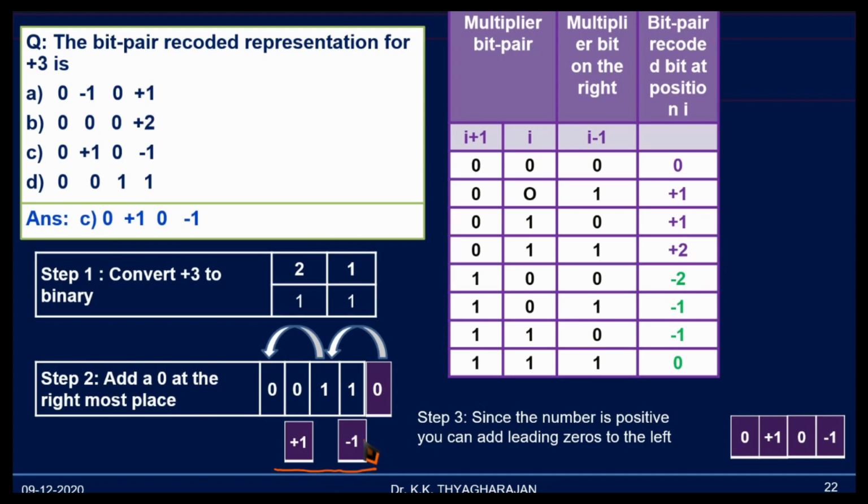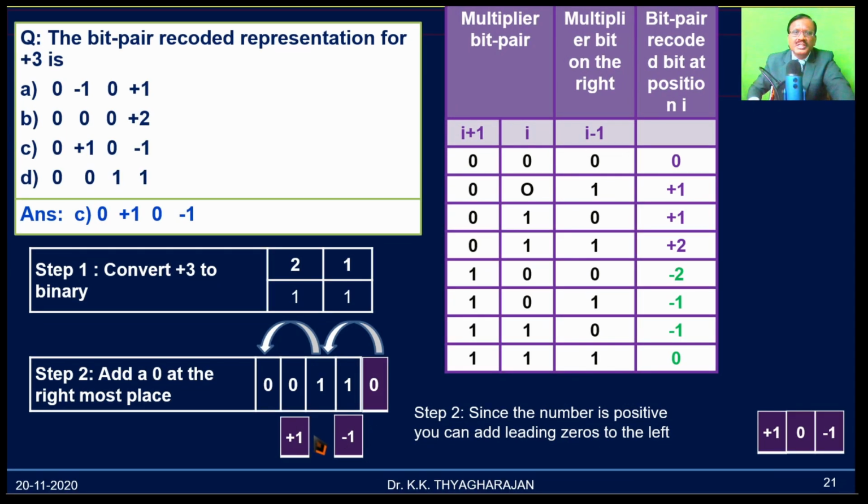That means the positional value for this first number, that is LSB, is 4 power 0, and the positional value of this second number is 4 power 1. So when these bits are used as multipliers, for the first bit you will get a summand. When the second bit of the multiplier is used, the summand should be shifted left by 2 bits. That is why it is Radix-4 multiplier.